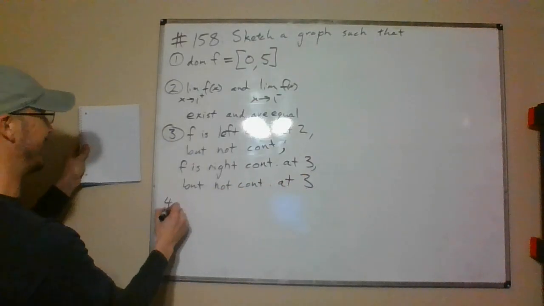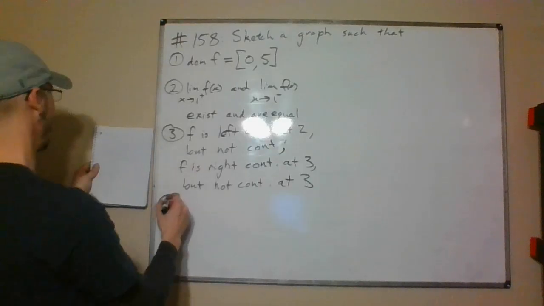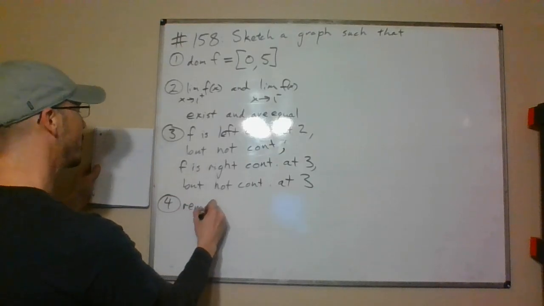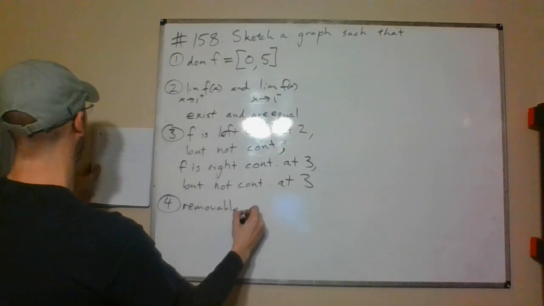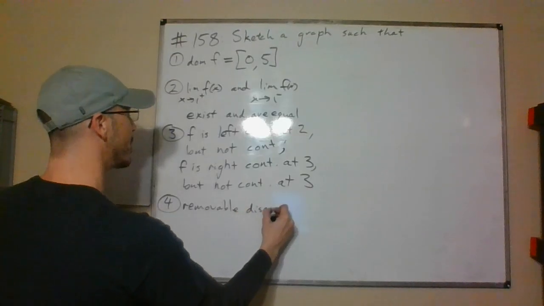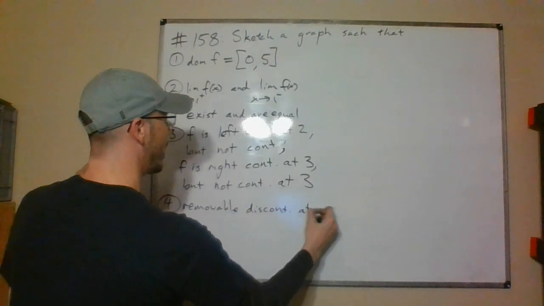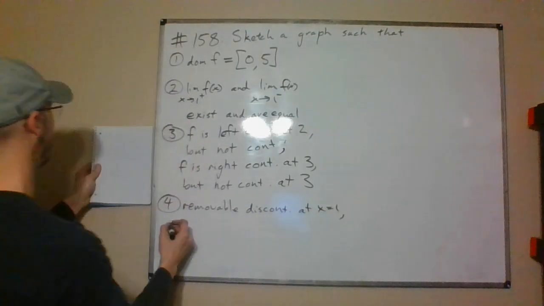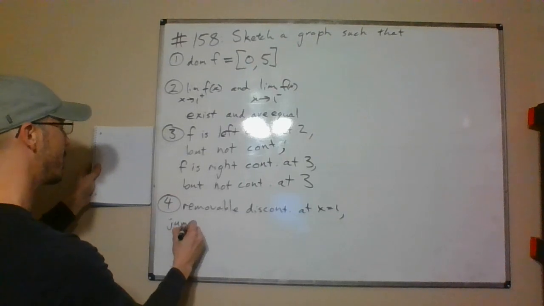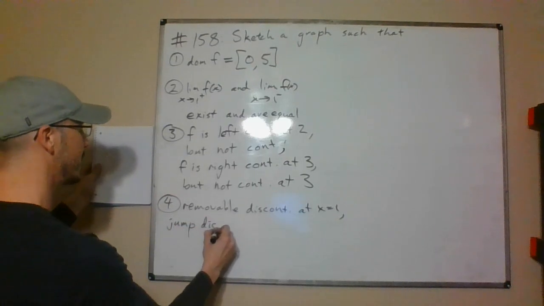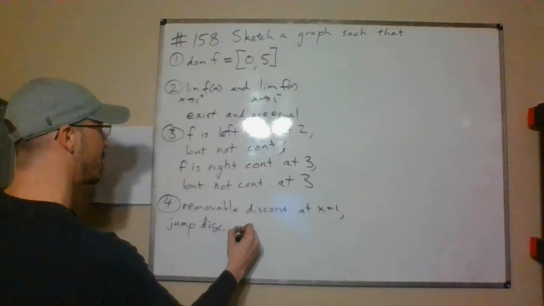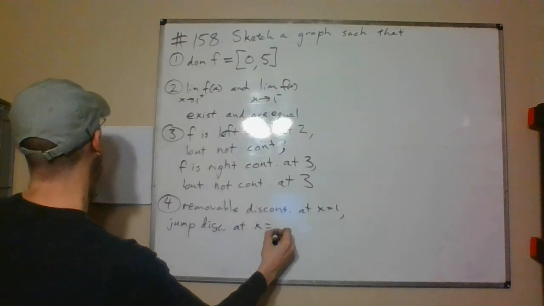And then finally, there's another condition here. Removable discontinuity at x equals 1. Jump discontinuity at x equals 2.